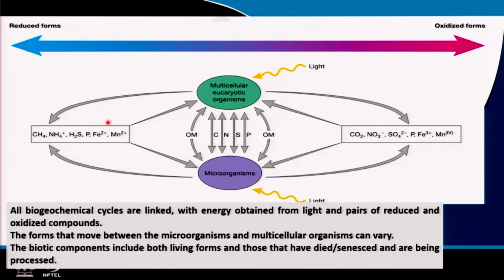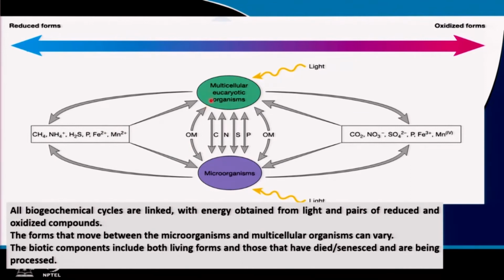And these interactions are not limited within the microorganisms or a set of microorganisms within itself. In fact, all the different types of transformation, including those of organic carbon, nitrogen, sulfur, phosphorus, are all interlinked. The reduced forms are getting oxidized and the oxidized forms are getting reduced by the microorganisms themselves, but they also produce products or consume substrates which are eventually going to affect the multicellular eukaryotic organisms and their activity as well.